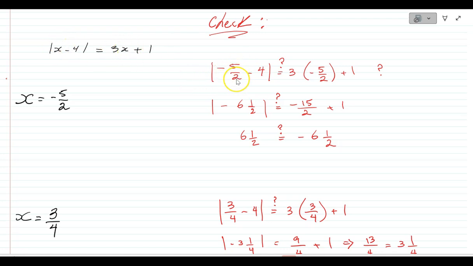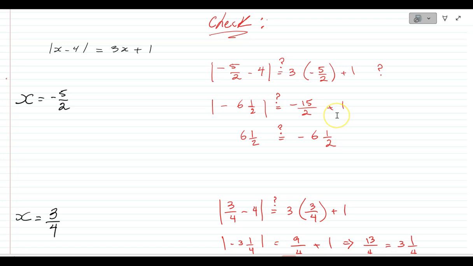So negative 5 over 2, you go through it, and you want to show that the left-hand side is equal to the right-hand side. And when you do the math, and you have to do the math, there's a little bit of algebra involved in terms of fractions. On the left-hand side, you get 6 and 1/2, because the absolute value of a negative 6.5 is positive 6 and 1/2, or 6.5.